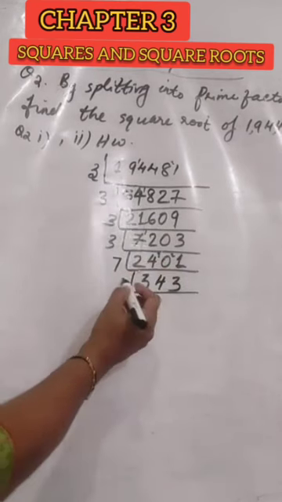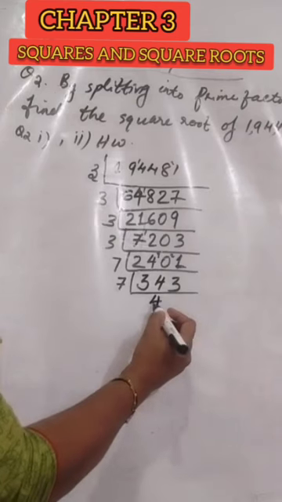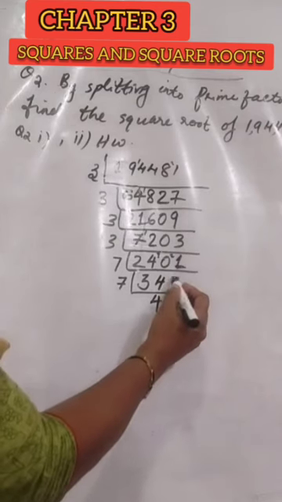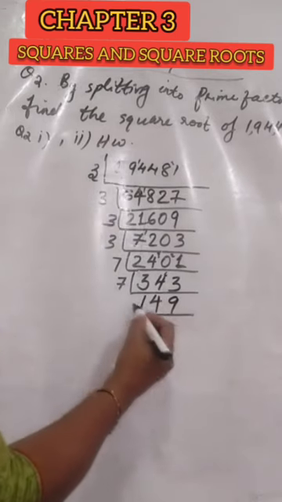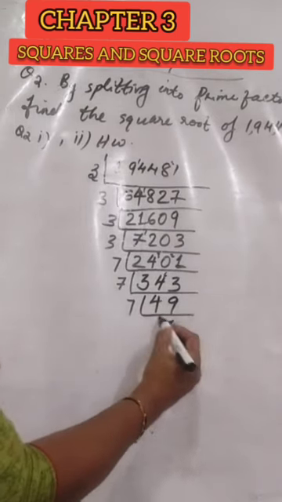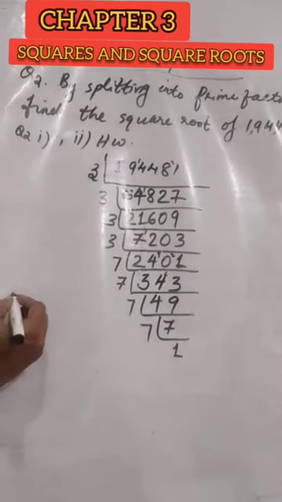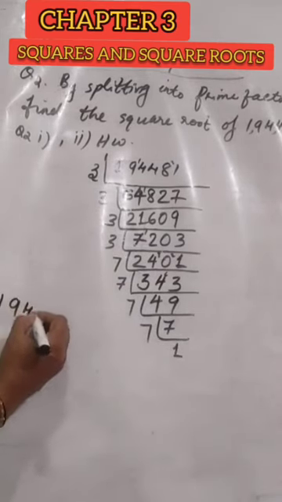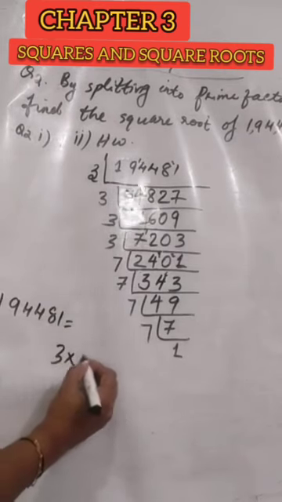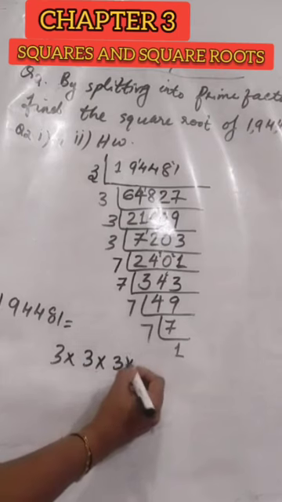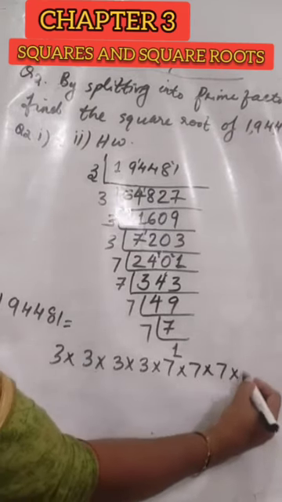Again divisible by 7, 4 7s are 28, then again 63, 9 7s are 63, 7 7s are 49, again divisible by 7, 1. So you can see the prime factors of the given number are 3 into 3 into 3 into 3 into 7 into 7 into 7 into 7.